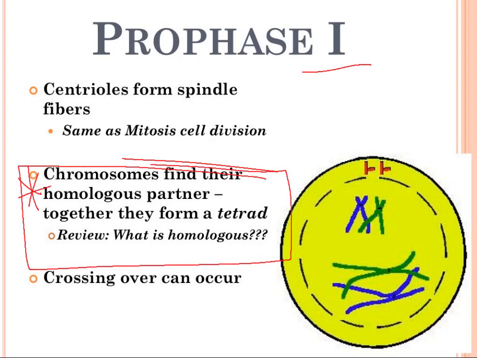Homologous is the one that is most similar to them. So this big one here wouldn't pair up with the little blue one because they're not similar in size. It's going to pair up with the other large chromosome. Also, something called crossing over can occur, and we'll talk about that in just a second.